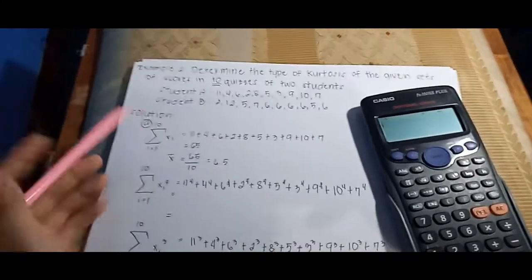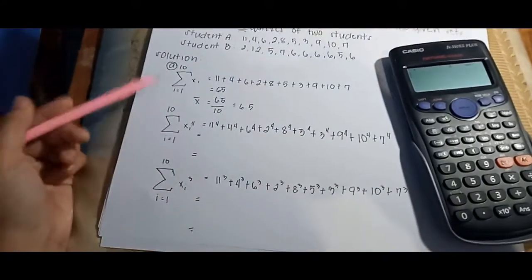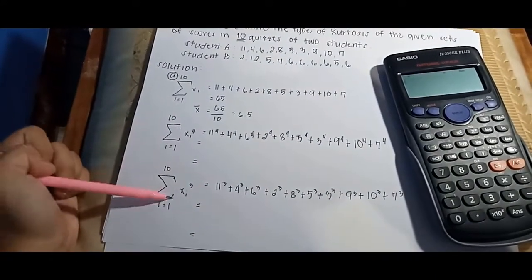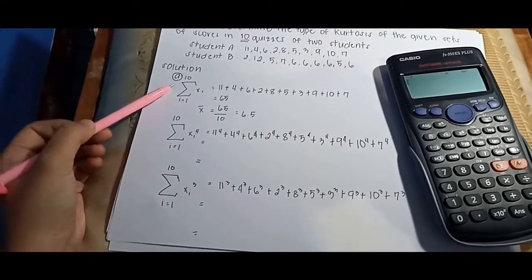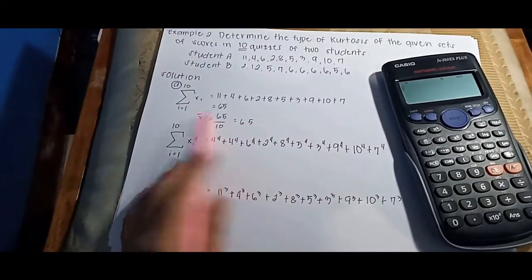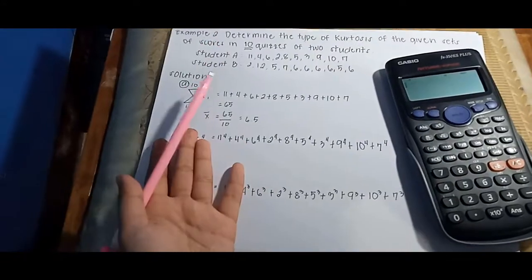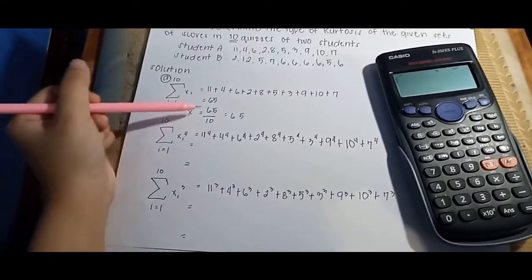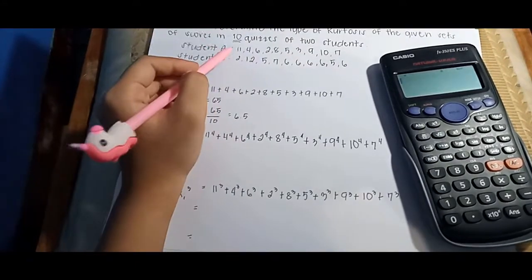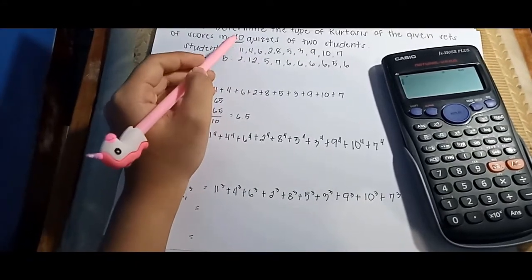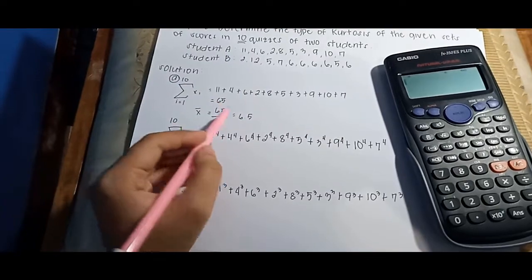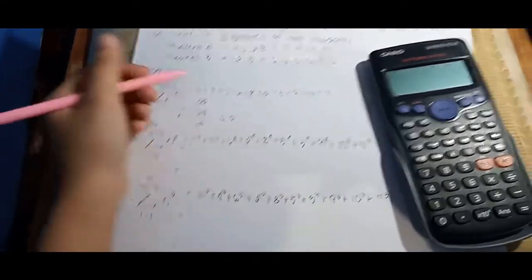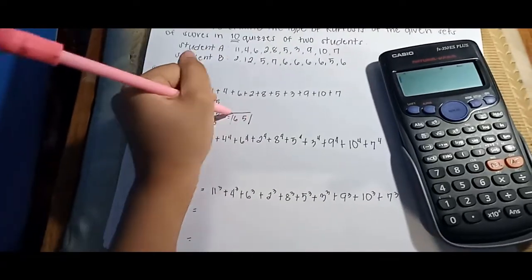Let's go to the solution. First of all, we have to find the mean, which I already did. I added all the numbers of student A, then divided it by 10, which is the total number of quizzes the two of them had, and the answer is 6.5.